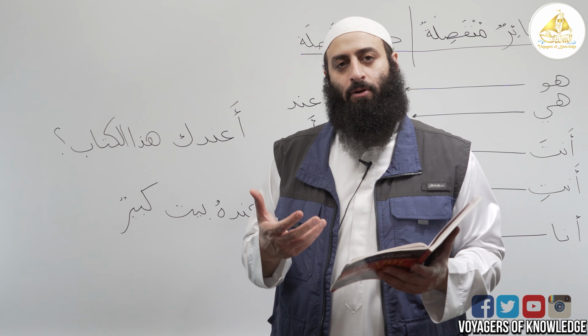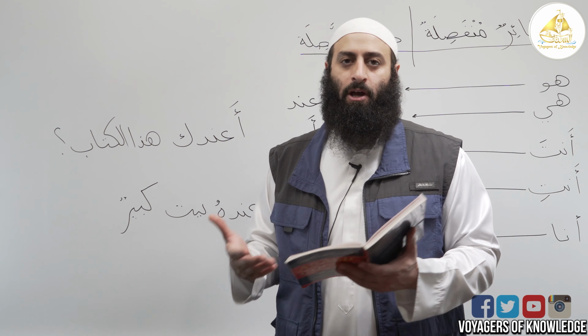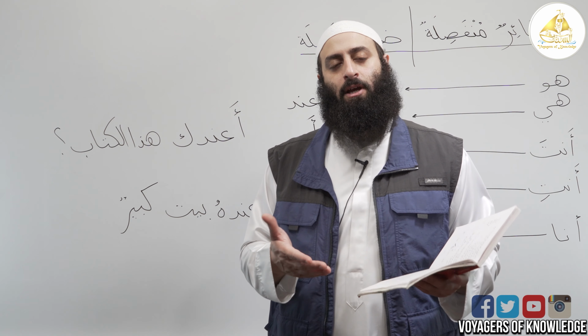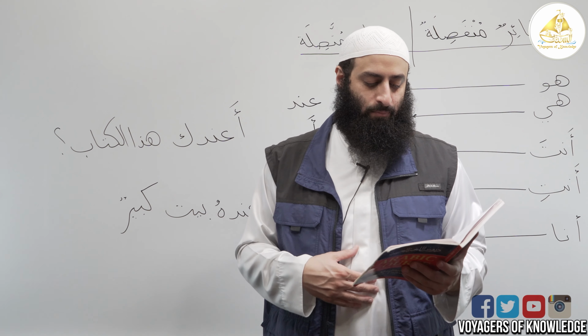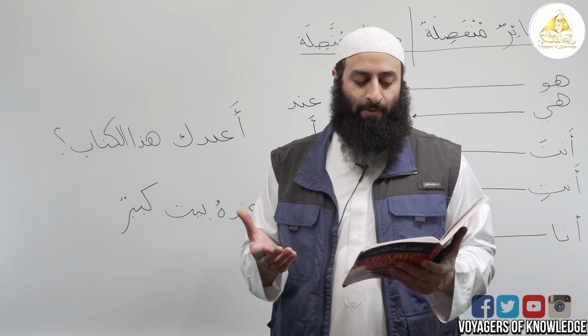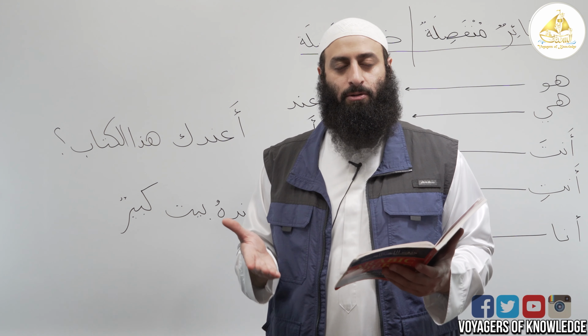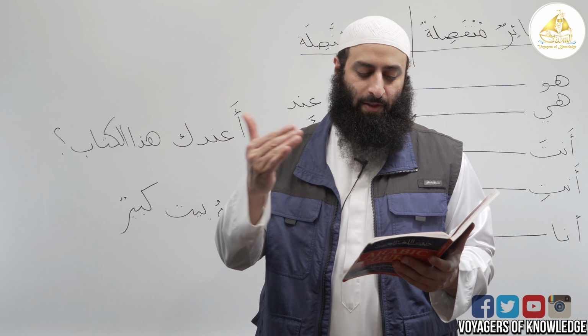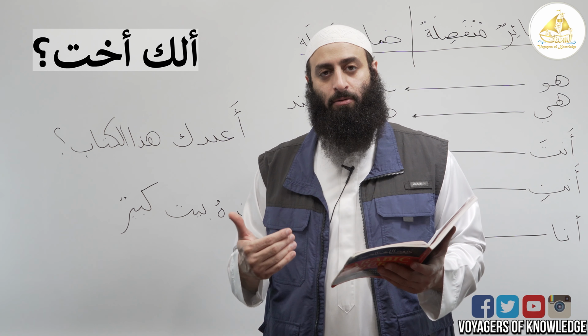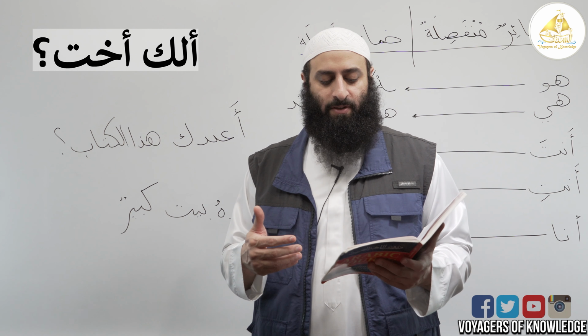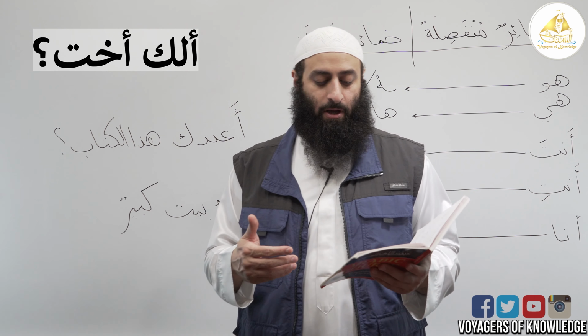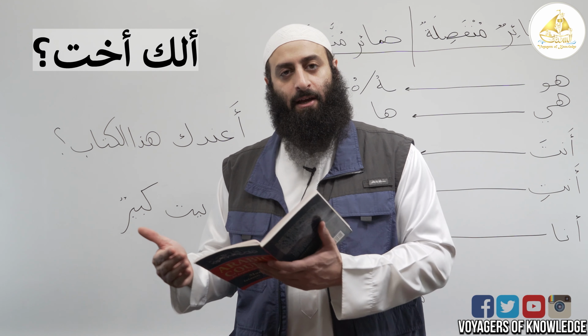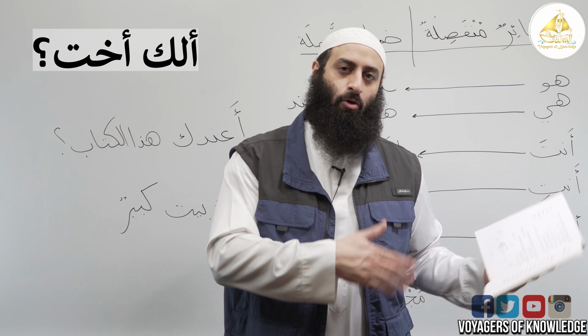So the proper way for saying akh and ukh and ab is saying laka. Alright? Do you have laka akhun? Say na'am, li akhun. And then he says laka ukhtun. Do you have a sister? And you would answer نعم لي أخ or نعم لي أخت.